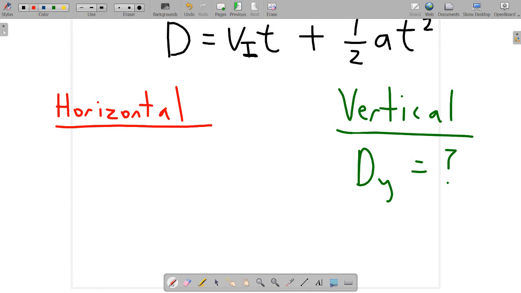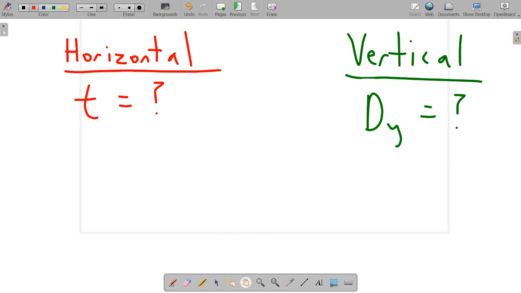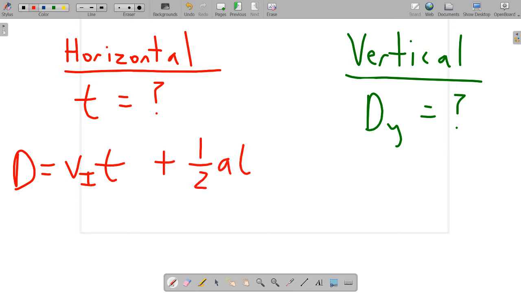So ultimately, since we want to find the distance in y, we need to begin by finding the time in free fall in x. So let's begin with writing out our equation for the x direction. The displacement equation, we know, is initial velocity times time plus 1/2 multiplied by acceleration multiplied by t squared.